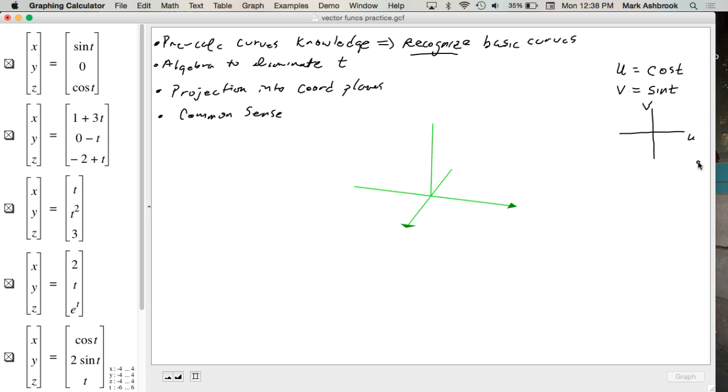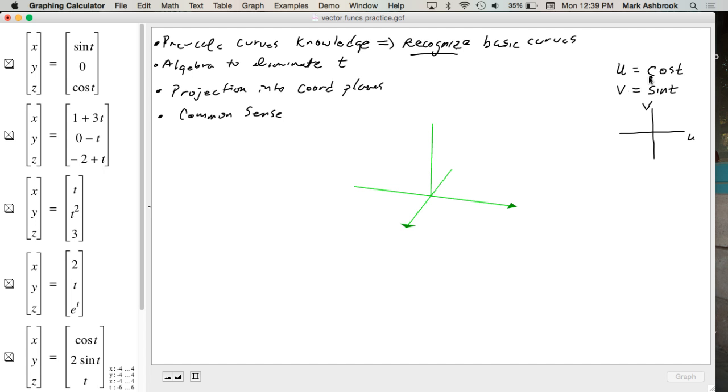Okay, so I'm gonna race through these. So if you have two variables and one is cosine and the other is sine, we need to know what that is. If you haven't learned this, you should have learned this in your career. But if you have not, today is your day. If you have two variables, one is assigned to cosine, the other is assigned to sine, how does that graph? Circle, right?